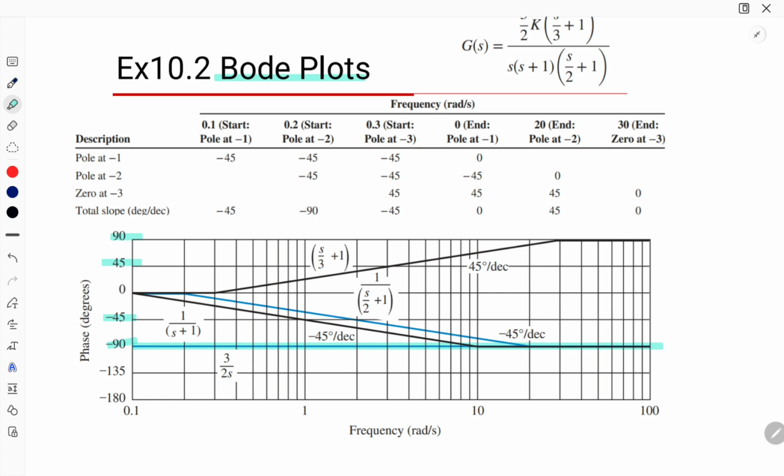And you have the pole at 0, which is at 45 degrees. So right there, 1, 2, 3. So that's what something will pass through. And then you draw a line before and after until it meets 0 and 90.